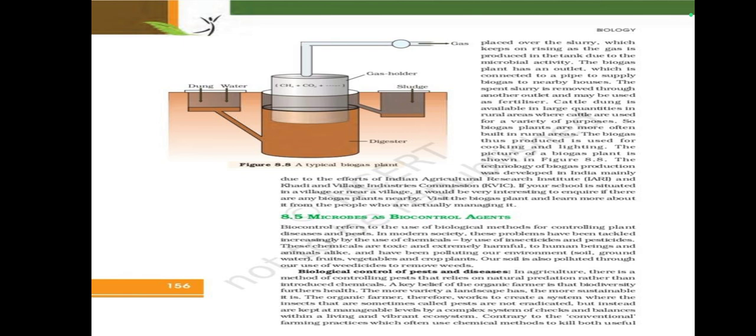Biological control of pests and diseases in agriculture is a method of controlling pests that relies on natural predation rather than introduced chemicals. A key belief of the organic farmer is that biodiversity further helps.